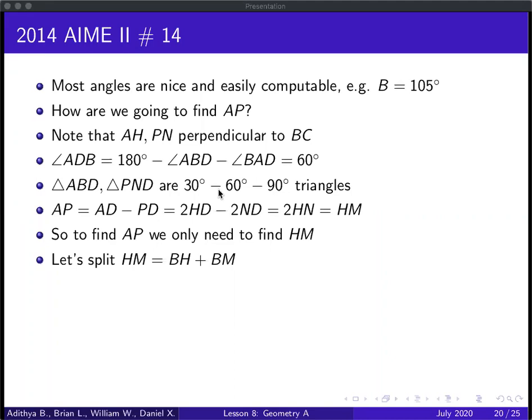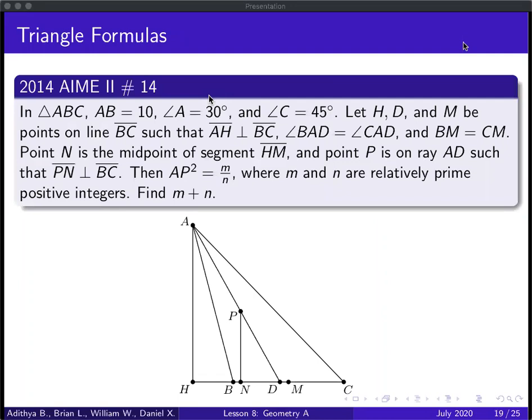Since it seems like a lot of people haven't gotten down the diagram yet, I think we should just go back up. So we have triangle ABC. M is the midpoint of BC. D is the foot of the angle bisector, and H is the foot of the altitude.